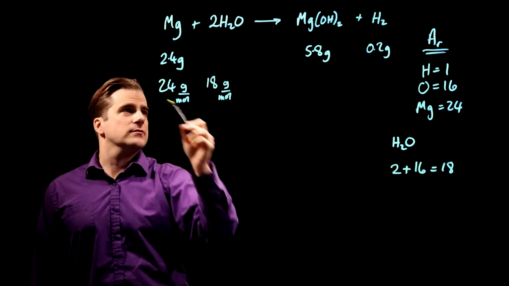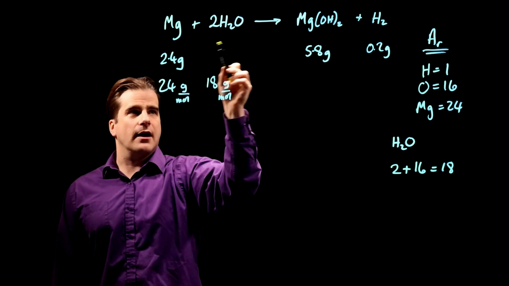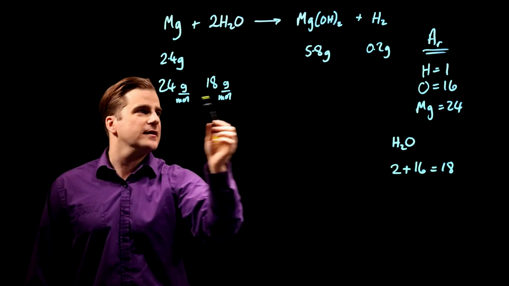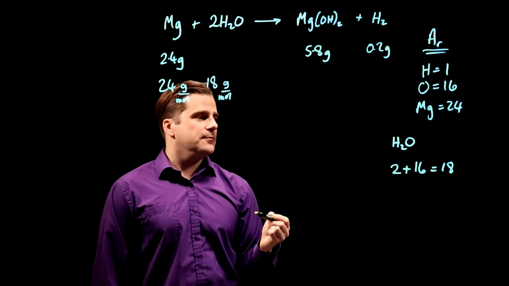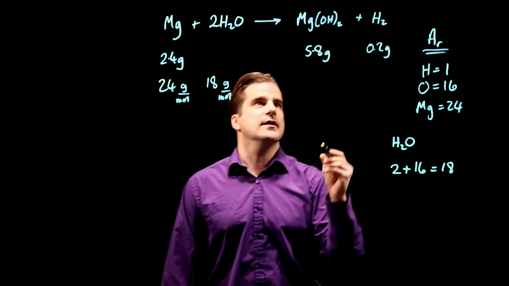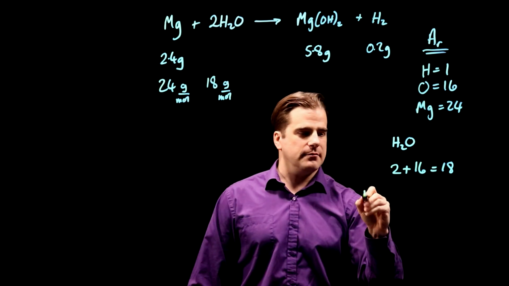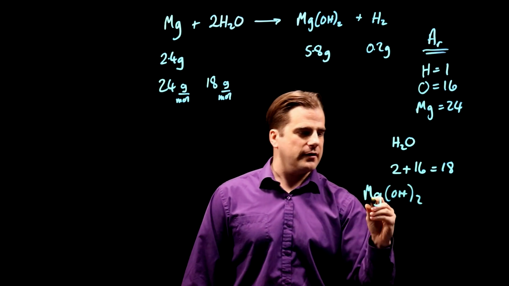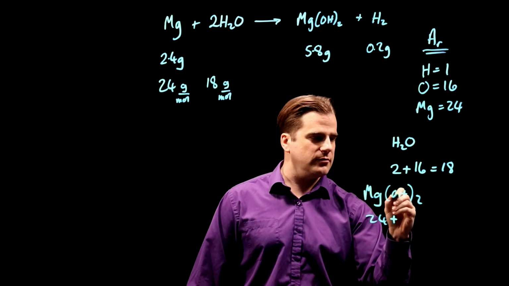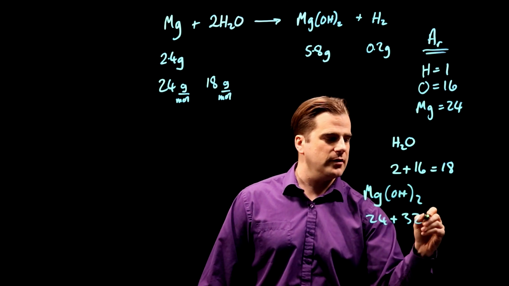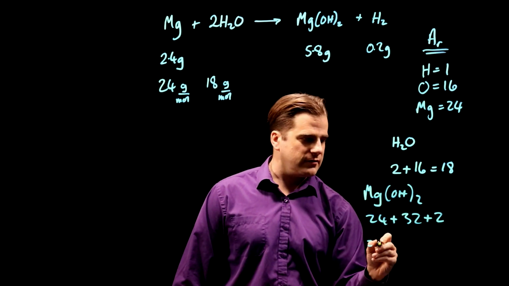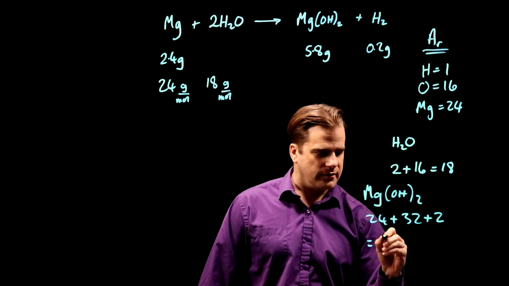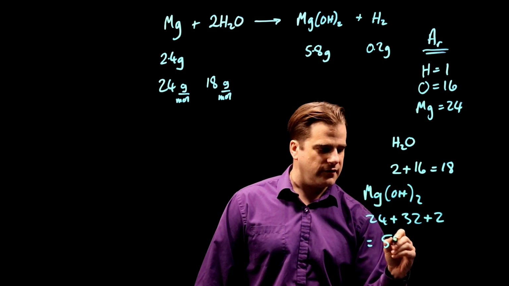Right, now we can work out the mass just from this, but just for completeness' sake, to get you in good habits, we'll do it for these two as well, although it's not strictly necessary. So magnesium hydroxide, that's going to be 24 plus 2 oxygens is 32, 2 hydrogens is 2, that's going to be 26 plus 32 is 58.